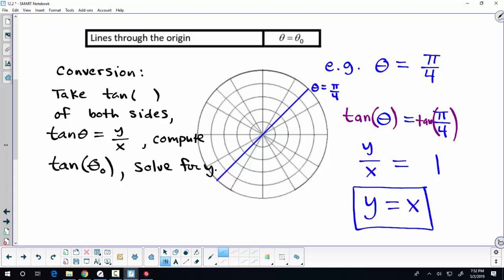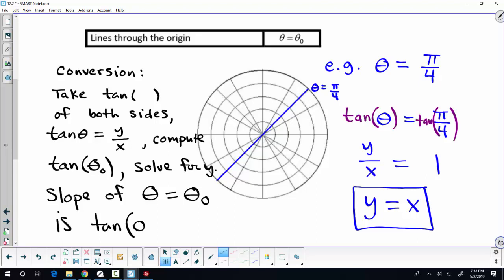Notice over here we had tangent of pi over 4, that was our theta naught. The tangent of theta naught gives you the slope of that line. That is the slope of your line.